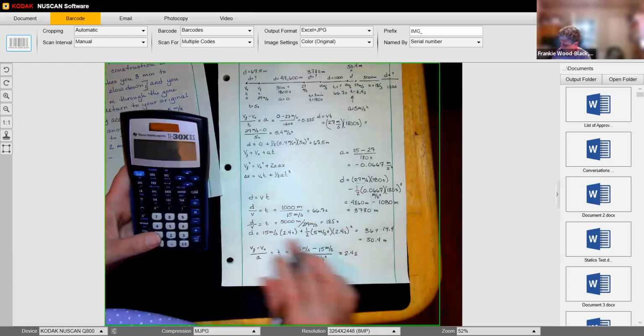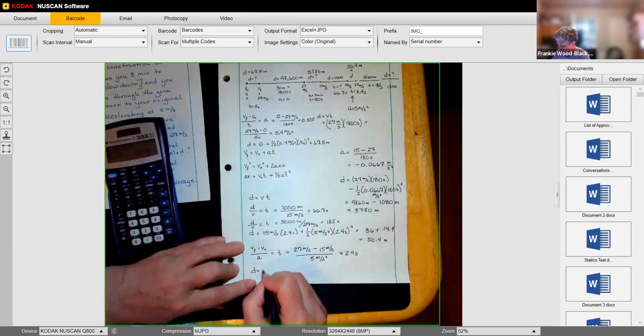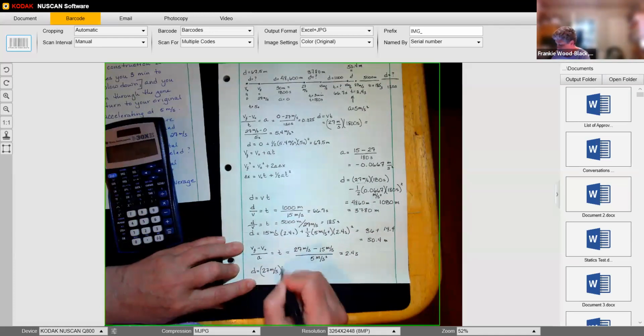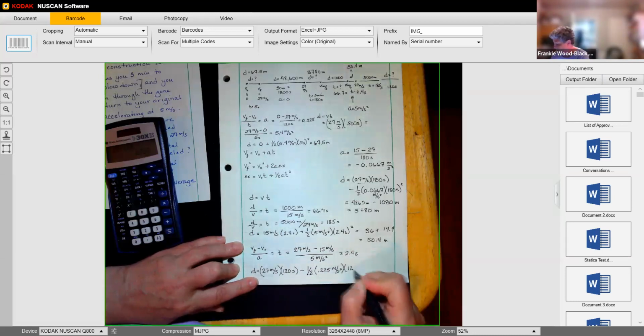Now we've got to do our distance calculation one more time. Distance is going to be 27 meters per second times 120 seconds minus 1/2 of 0.225 meters per second squared times our 120 seconds squared.